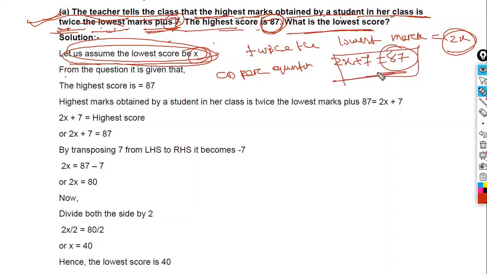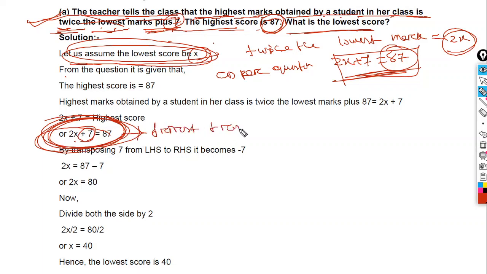Now we got the equation. 2x plus 7 equal to 87 is our equation. Now from here we have to solve the equation. First of all we will transpose plus 7 to RHS, then it will become minus 7.